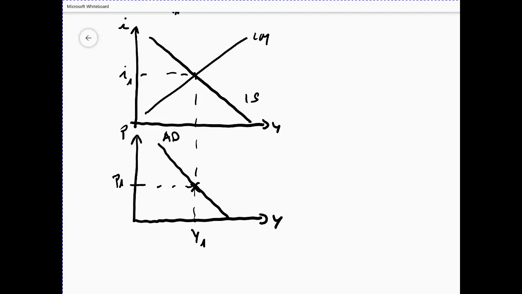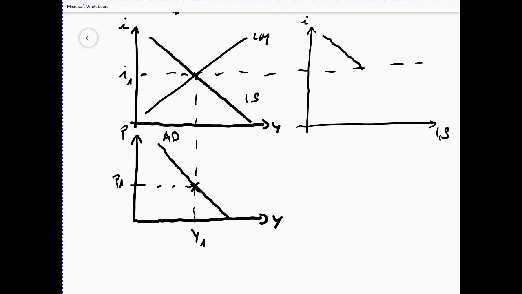So for safety's sake, I could just simply draw the loanable funds market, which is here investments and savings, and then we know that at the moment we had an equilibrium like this. Okay, and that means that there was a certain I1 level of investment already in the economy.